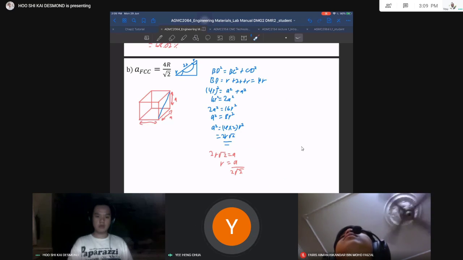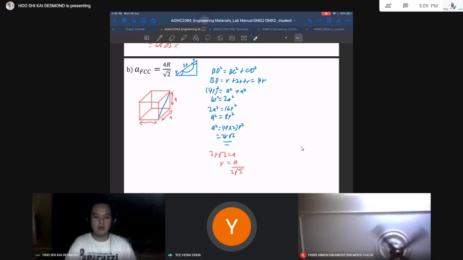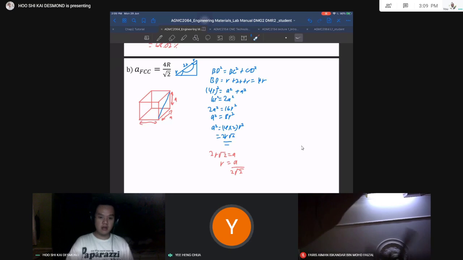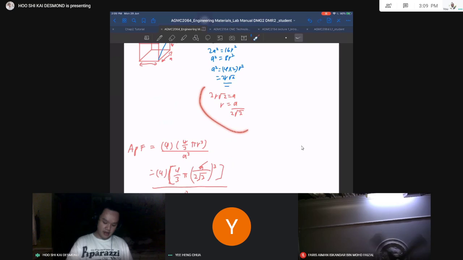Because we are just using the side. If we go through the middle part, we don't know the side. You know what I mean? We don't know this one, so we need to use the side. Yeah. That's why the answer is different. Okay, then this one is to find the R. Got another one.